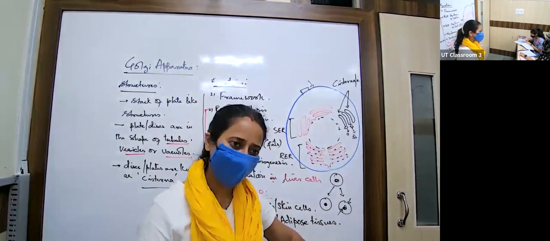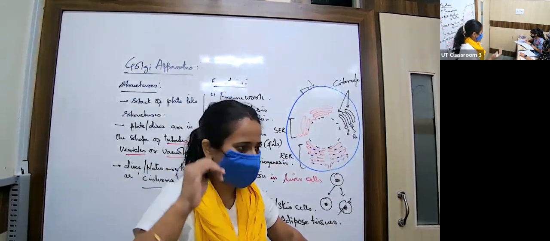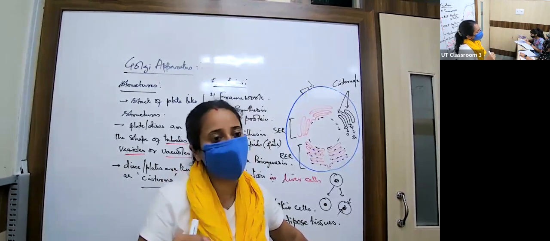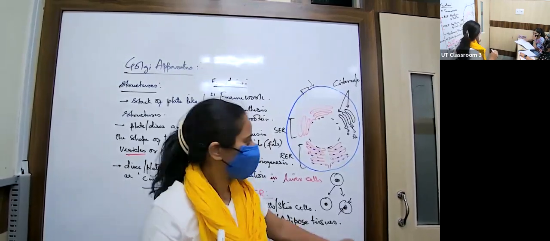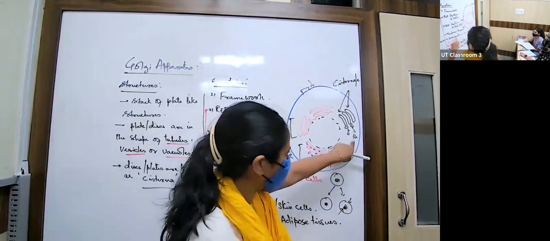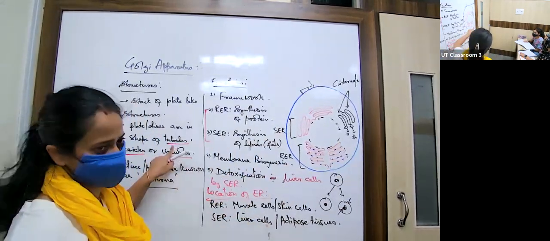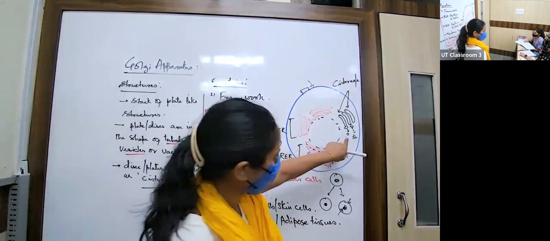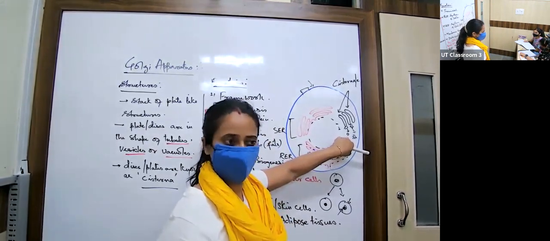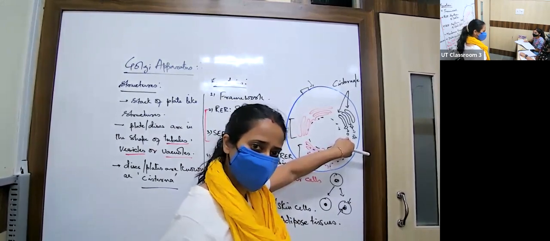Basically, the Golgi has a large number of stack-like structures, but from these, additional structures may come up. What are those structures called? If tubular, tubules; if small, vesicles; and if bigger, vacuoles. Simple, no? Easy to understand.